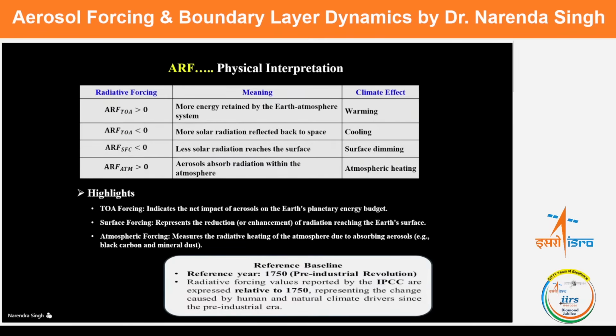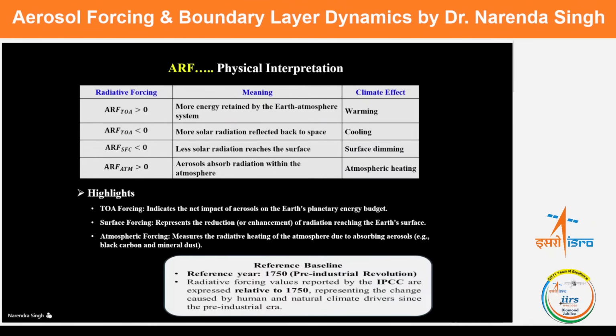So it means it is cooling the atmosphere. It is not allowing radiation to penetrate deep into the atmosphere and reach the surface of the Earth, as it gets reflected back by the clouds or in the upper atmosphere itself. If this is the case, then it is basically cooling the atmosphere.